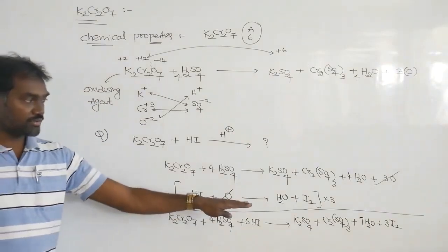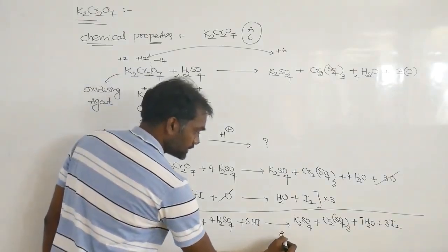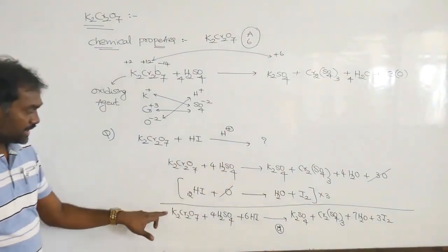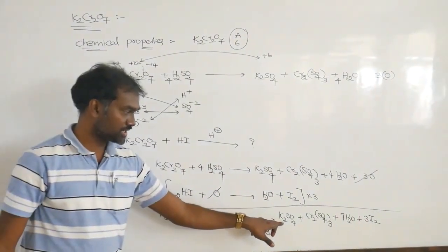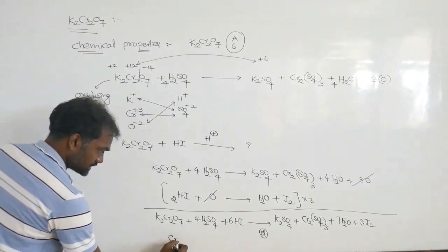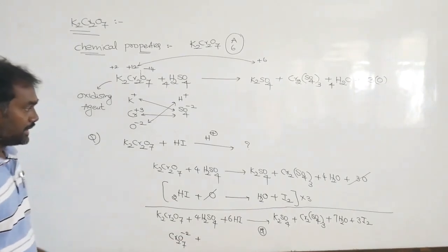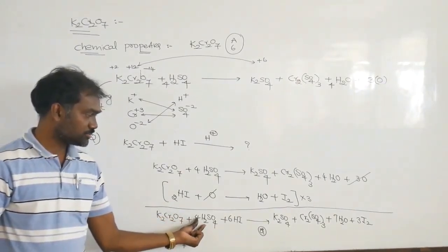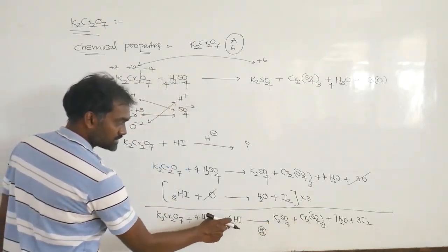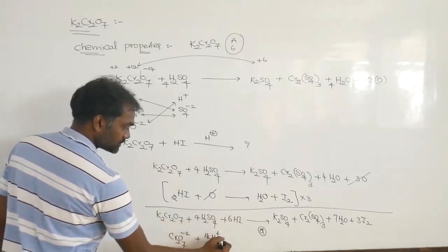See, this is a balanced equation, but in your textbook what they have provided is different. You can cancel what is common on both sides. Here 2 potassiums, here 2 potassiums, you cancel. So Cr2O7 minus 2 plus, here 4 2s are 8 H plus, and 8 plus 6 is 14 H plus.